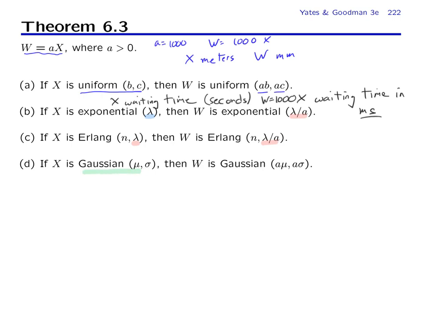In the case of the Gaussian with parameters mu and sigma, we can think about X being a voltage measured in volts, and then W equals 1000X is the voltage in millivolts.